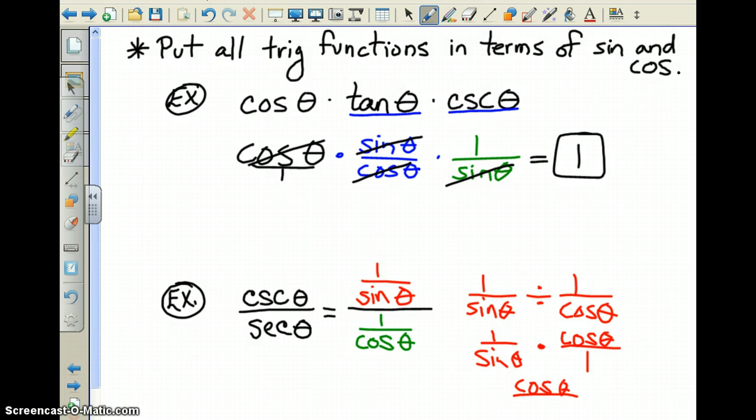And in the denominator, sin times 1 is sin. And we should recognize that cos theta divided by sin theta is the same thing as cotangent theta. So no matter what angle I pick for theta, if I were to do cosecant of 50 degrees divided by secant of 50 degrees, it's going to be the same thing as the cotangent of 50 degrees.